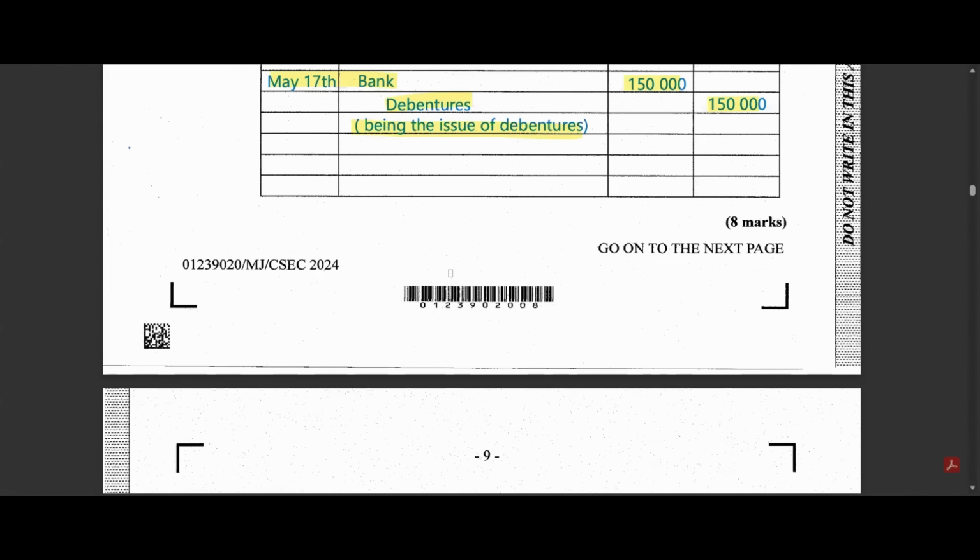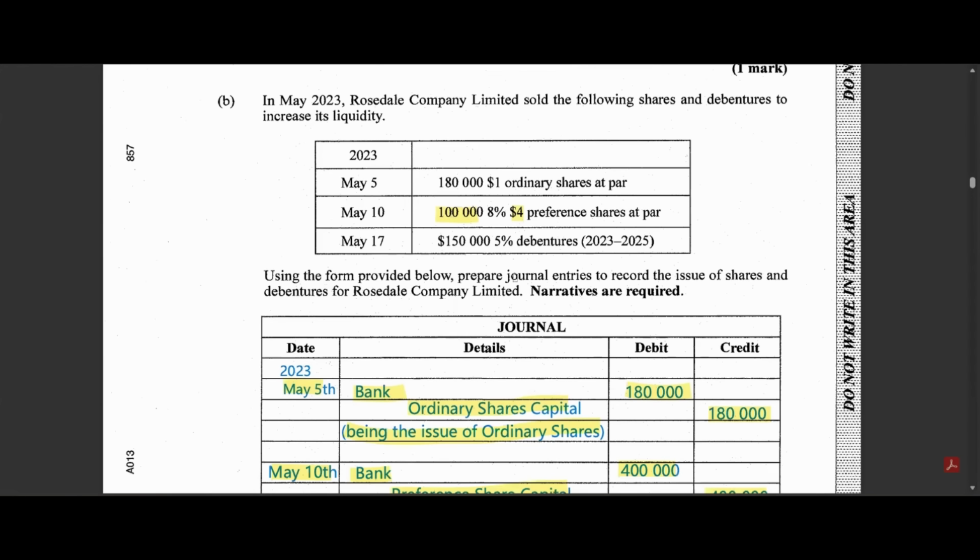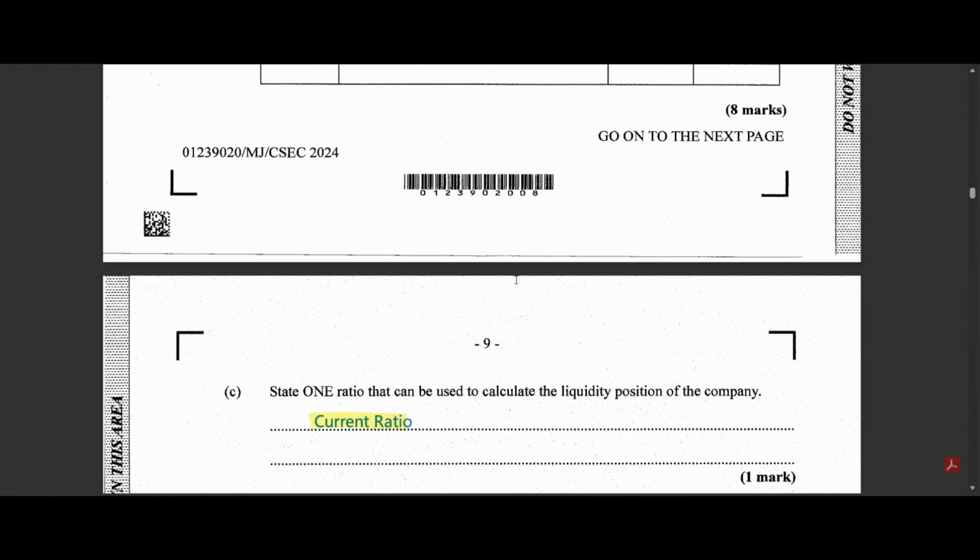Let's go to May 10th. Now, May 10th is where we actually sold preference shares. Rosale sold $4 preference shares, 100,000 shares. So 100,000 shares multiplied by $4 will give us a total investment of $400,000.